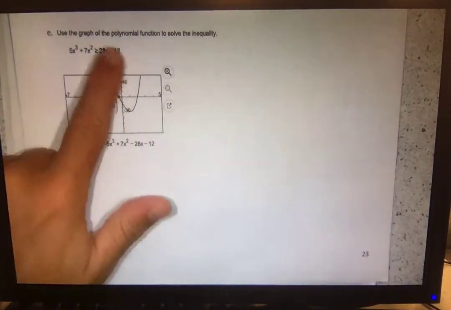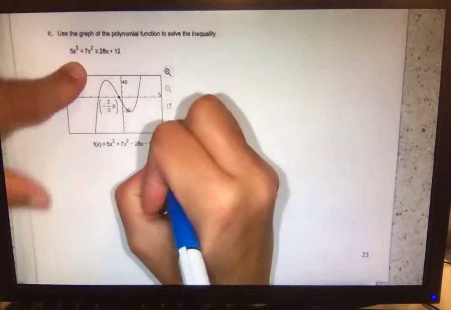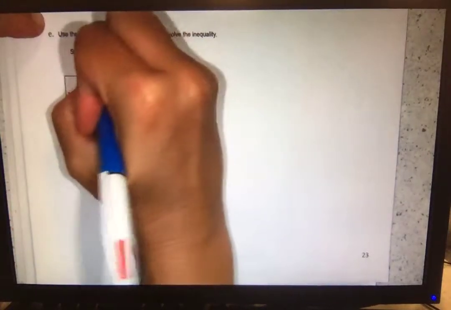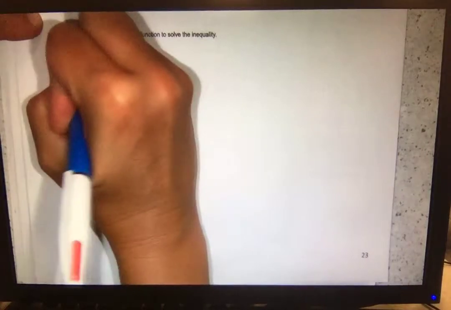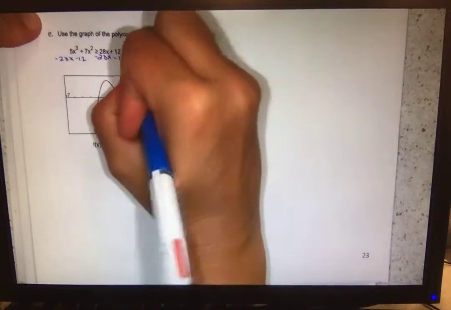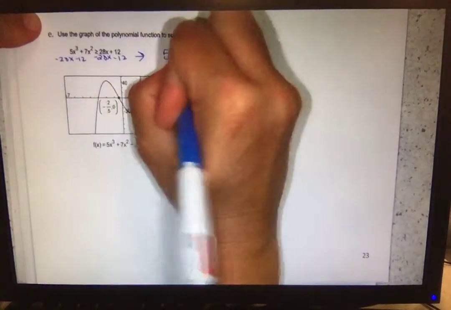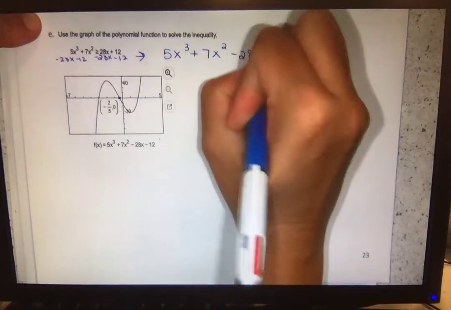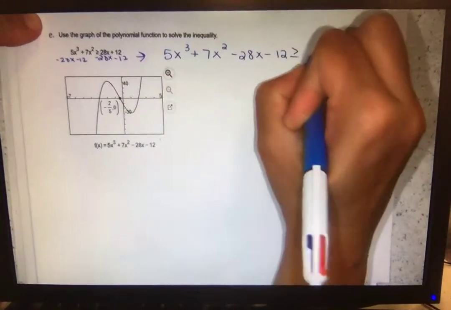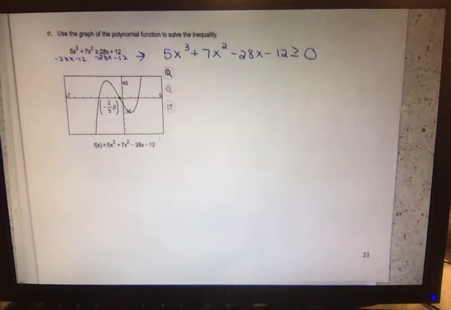If they moved everything to the left-hand side, we would subtract 28x and subtract 12. So we would have 5x cubed plus 7x squared minus 28x minus 12 is greater than or equal to 0.